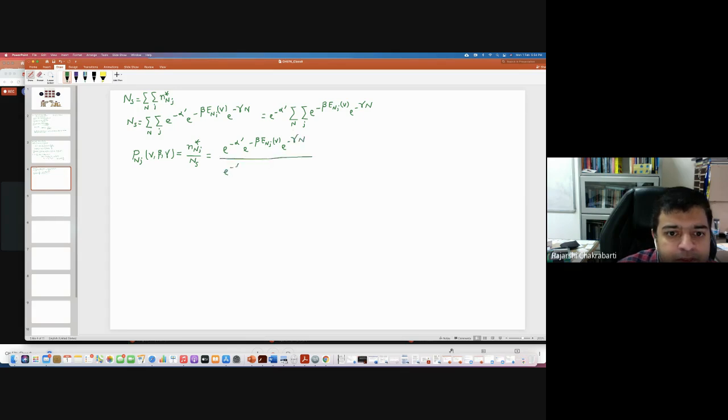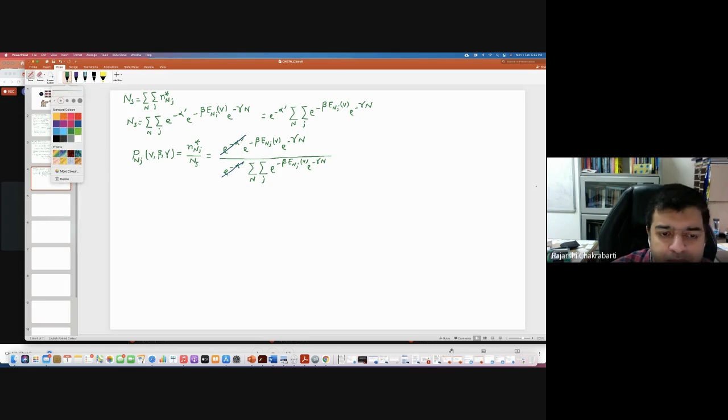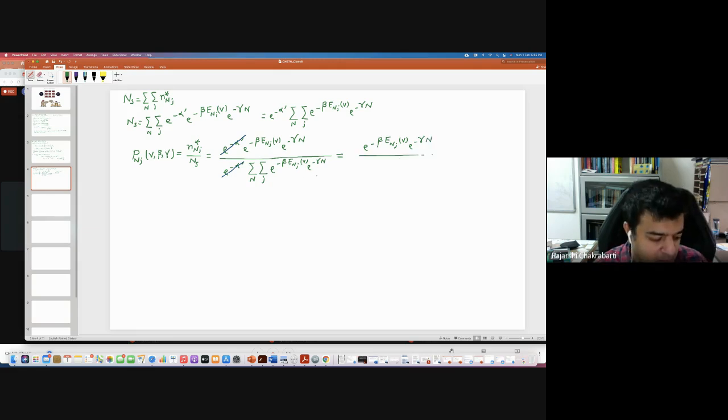Ns is this. So this alpha prime will cancel with this one. What I have here is e to the power of minus beta Enj minus gamma n divided by this sum, whatever the sum is.